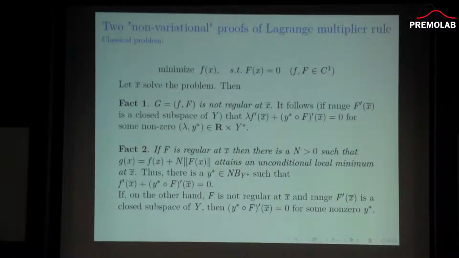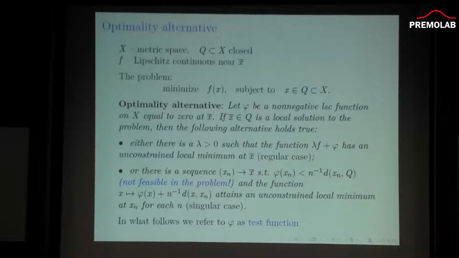But actually, it is not even needed. In fact, we don't need anything to use that kind of idea for proving necessary optimality conditions. And this is the fact that is called here the optimality alternative, that I wish to state in more detail, because it is central.